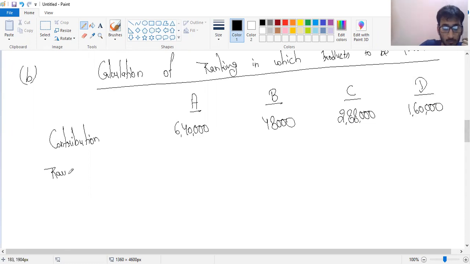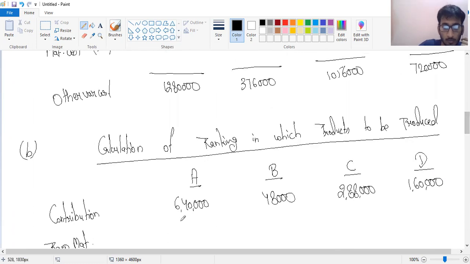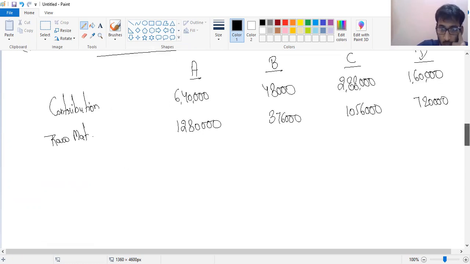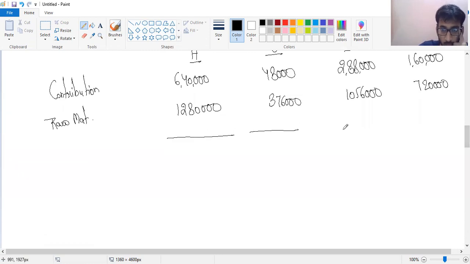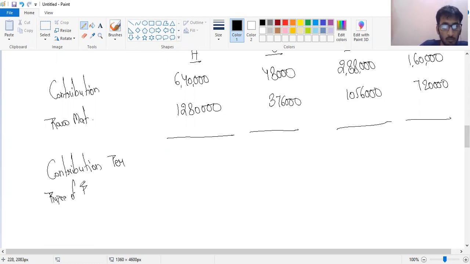Raw material. What is the raw material? It is 1280, 376, 1056, and 720. So contribution per rupee of raw material, it would be 0.5.